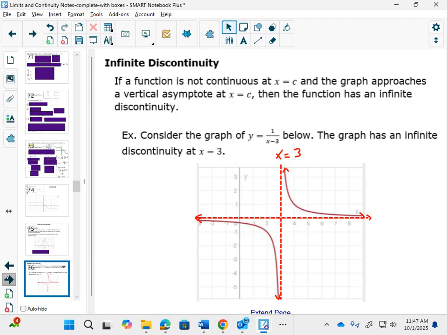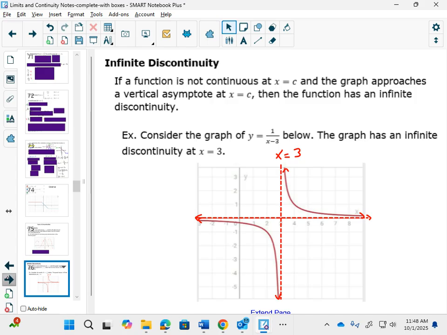Because one side goes down to -infinity, the other side goes up to positive infinity. Technically, if they both went to positive infinity, we would still call it an infinite discontinuity, because there's not a certain jump you could do.